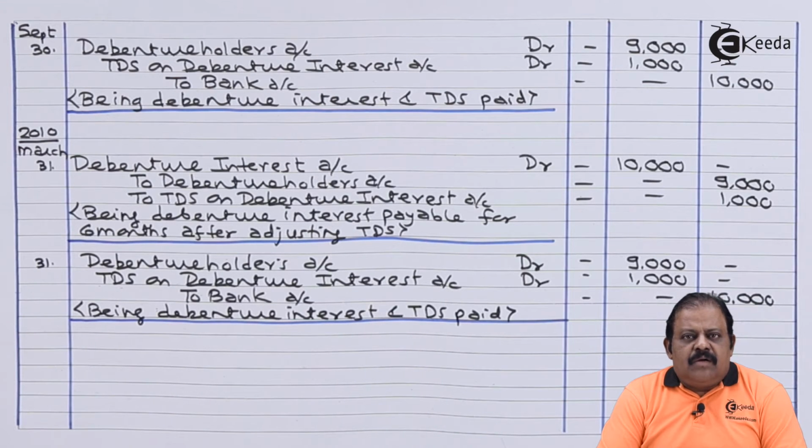At the end of the year, company will be preparing its final account. Now, debenture interest paid by company throughout the year now will be transferred to profit and loss account. That will be our next entry.